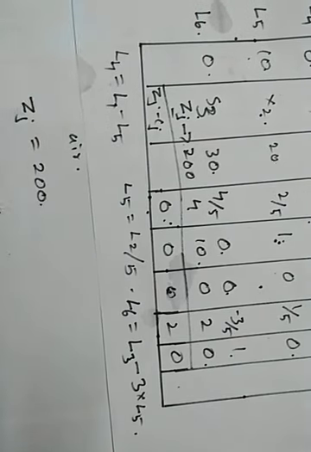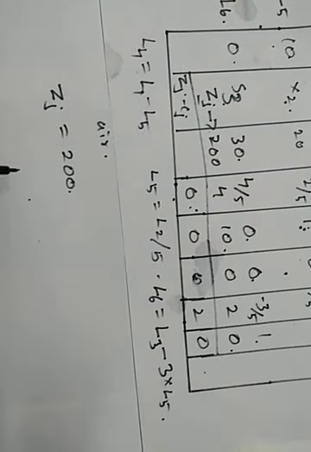So Zj equal to 200, and is there x1 in this? There is no x1 over here, so absolutely x1 will be 0, and x2 is 20, so we'll be calculating as 20. So by this we can calculate the simplex method. Thank you.